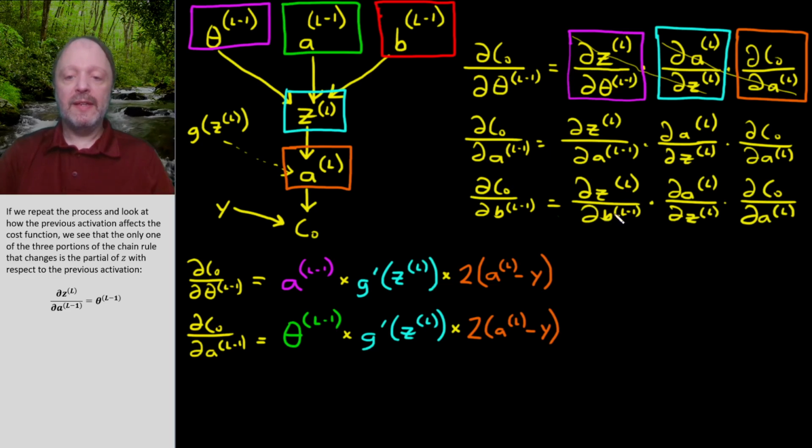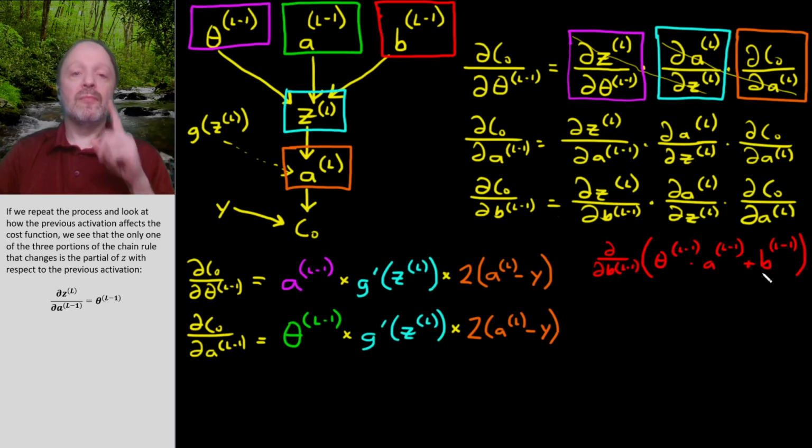Well, this is the partial with respect to the previous bias, which is of the Z, which is again previous weight times previous activation plus previous bias. All right, the partial of this expression with respect to the bias is just 1.